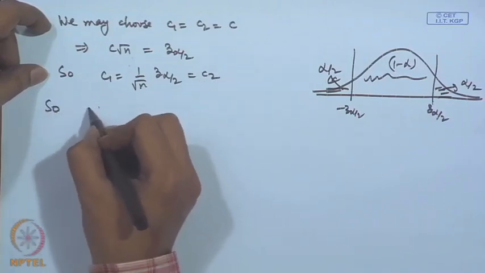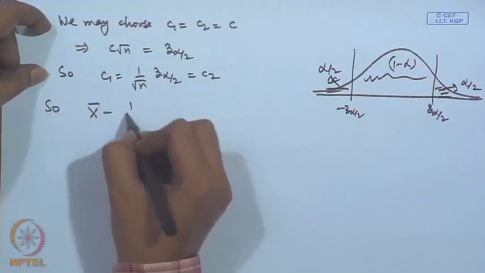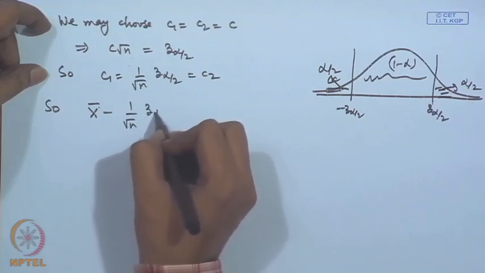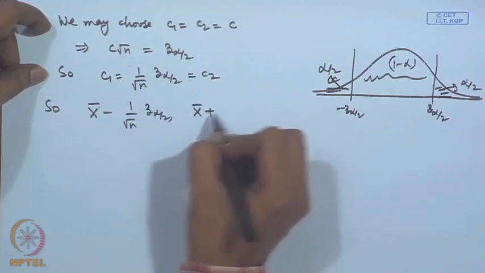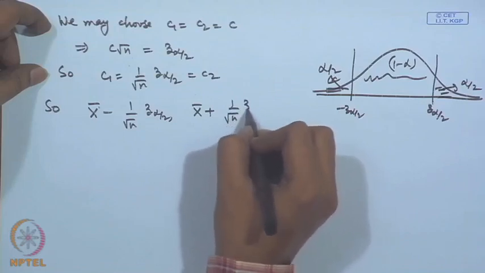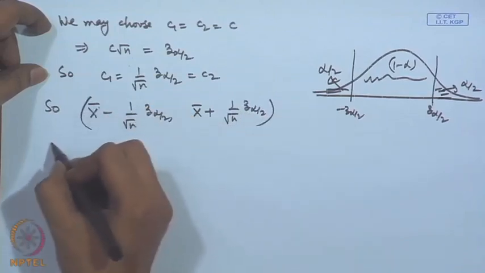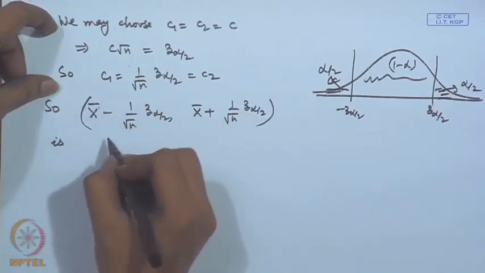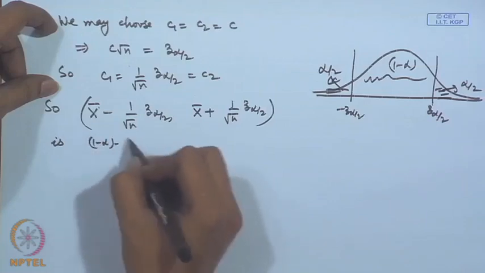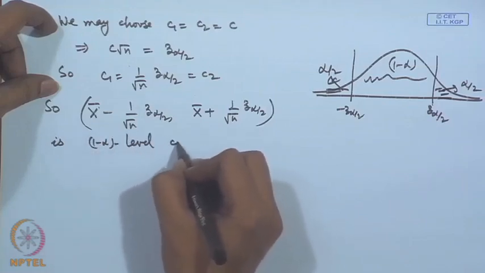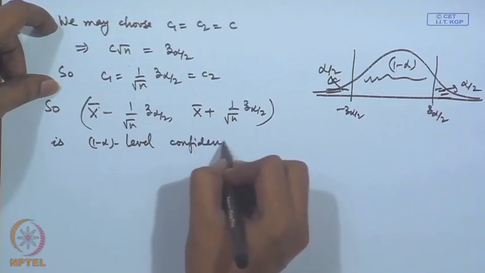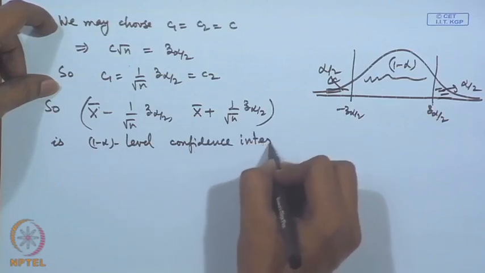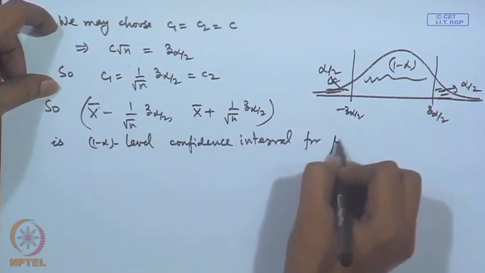So, x bar minus 1 by root n z alpha by 2 to x bar plus 1 by root n z alpha by 2, this is the 1 minus alpha level confidence interval for mu.